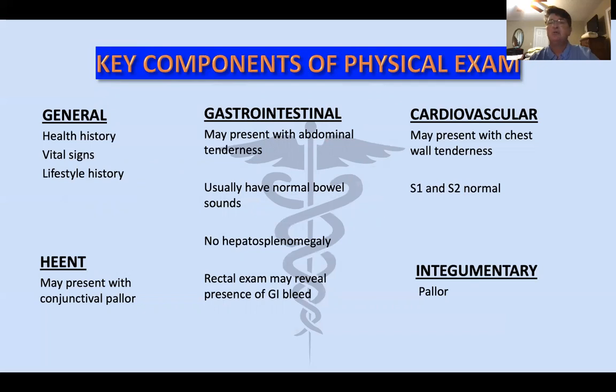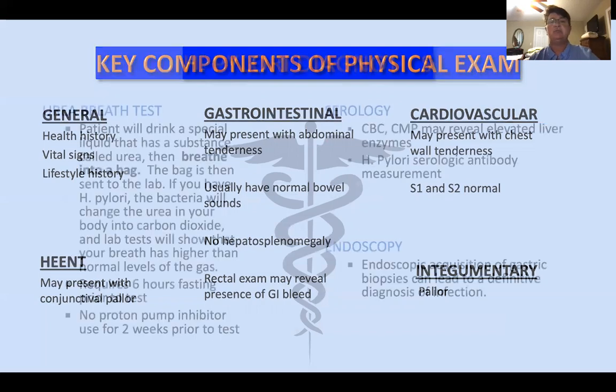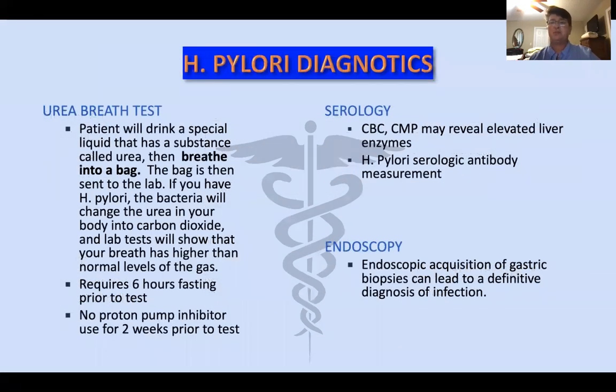They may have abdominal tenderness. You'll want to observe the abdomen. You want to inspect it. You want to auscultate bowel sounds, which may be normal, and then do your palpation light to deep. You also need to do a rectal exam and obtain a stool guaiac sample to see if they have an actual GI bleed.